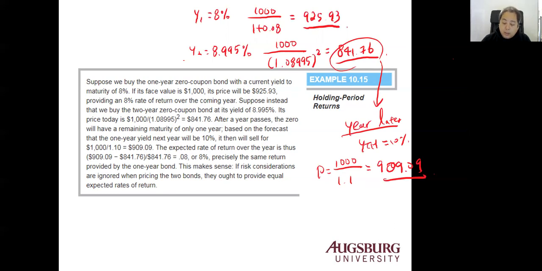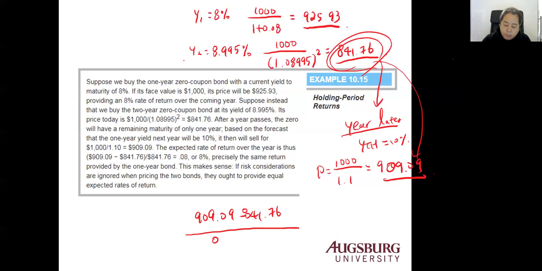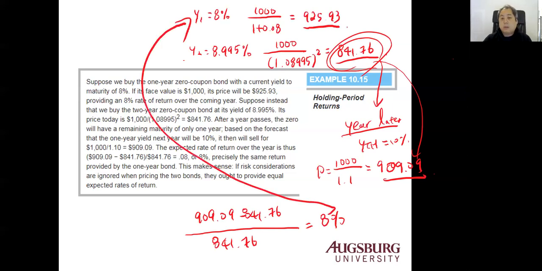Now let's calculate the holding period return for this bond investment for 1 year. So you have 909.09 minus 841.76, divided by 841.76. And if you calculate this, this will be 8%, same as this Y1.